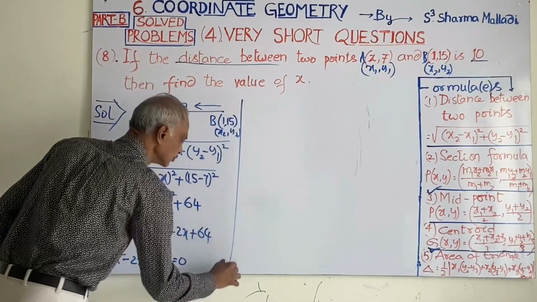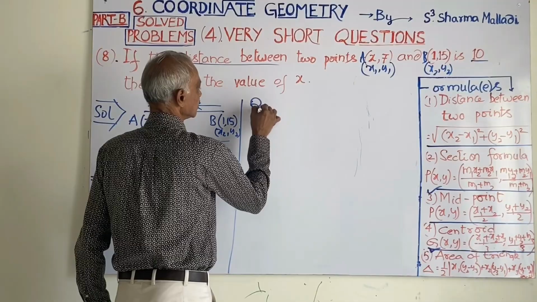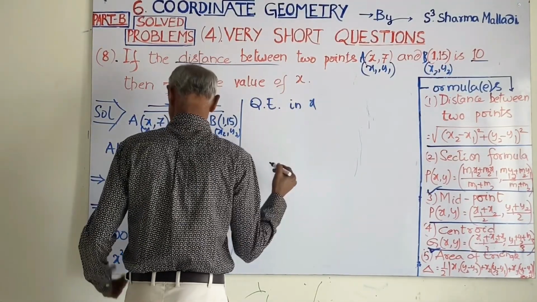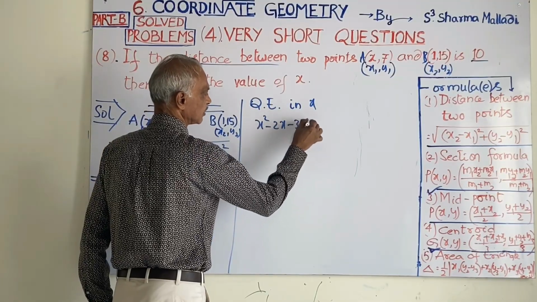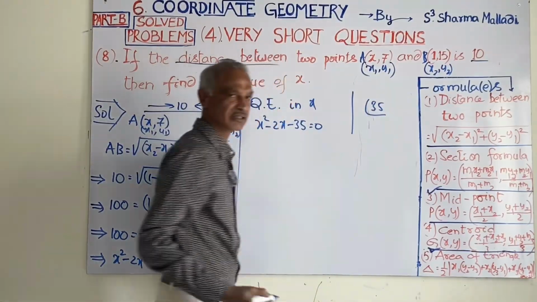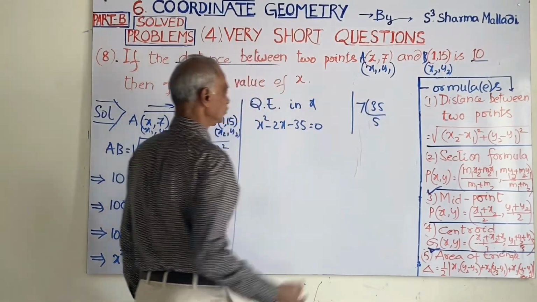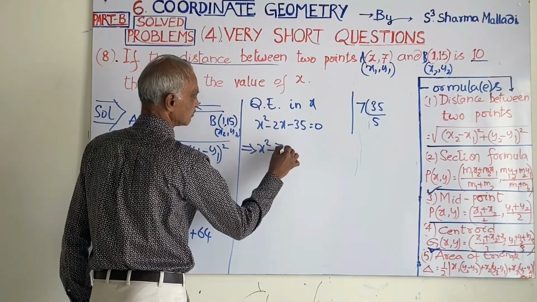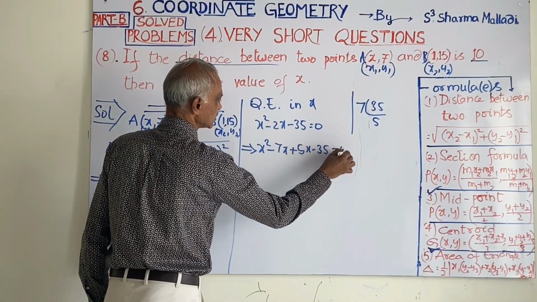Now we have a quadratic equation in x. What is it? x square minus 2x minus 35 is equal to 0. We have 35. Factorize 35. 7 fives are 35, and you are getting 2 if you subtract. x square minus 7x plus 5x minus 35 is equal to 0.